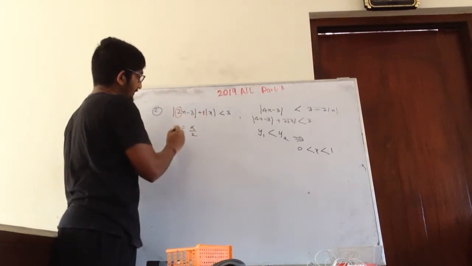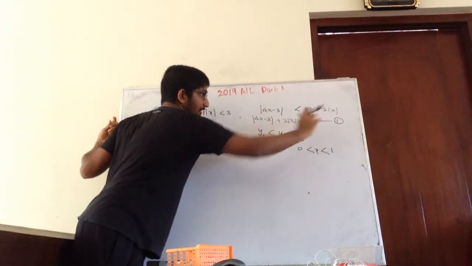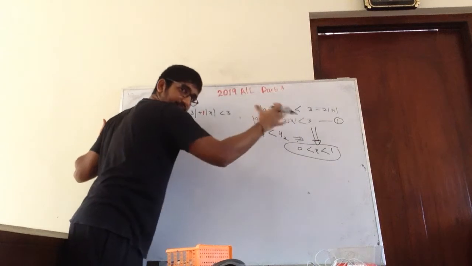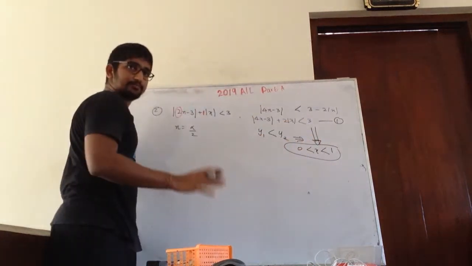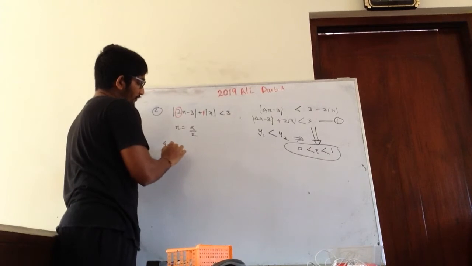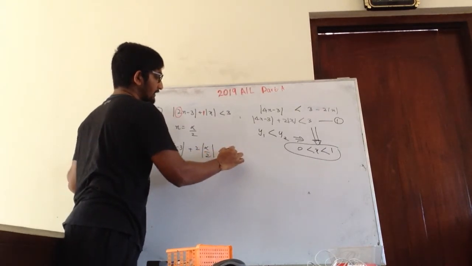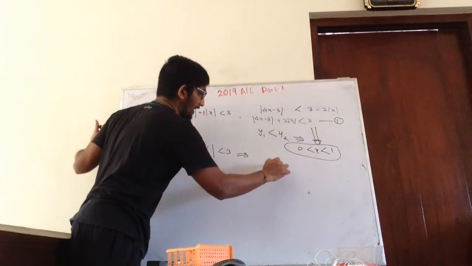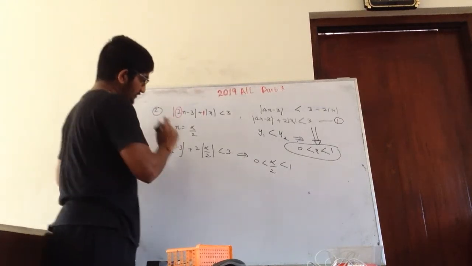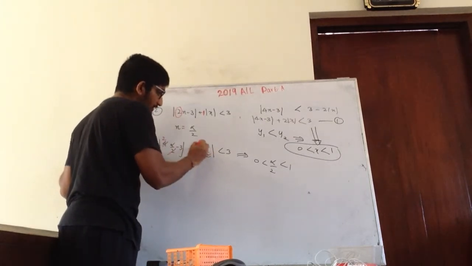Now alpha is a variable. I know that this inequality is satisfied by x between 0 and 1. Now what I'm going to substitute here: 4 alpha over 2 minus 3 plus 2 alpha over 2 less than 1, and the satisfying range is alpha over 2 between 0 and 1. Then you can cut these off, and you can cut this off as well.